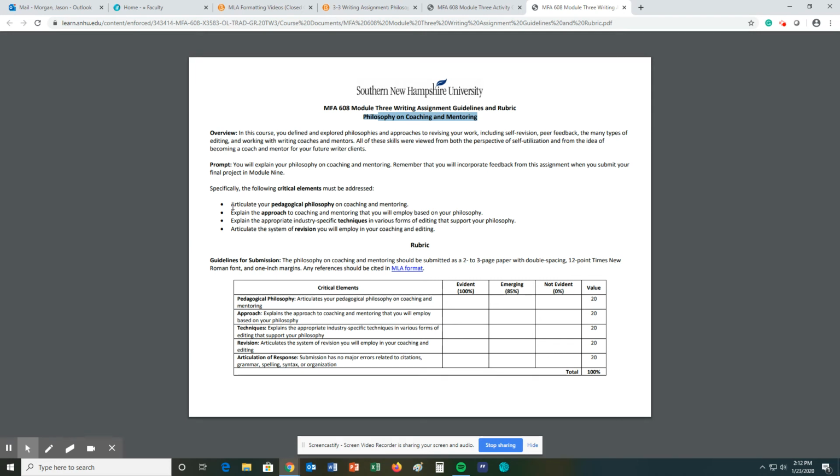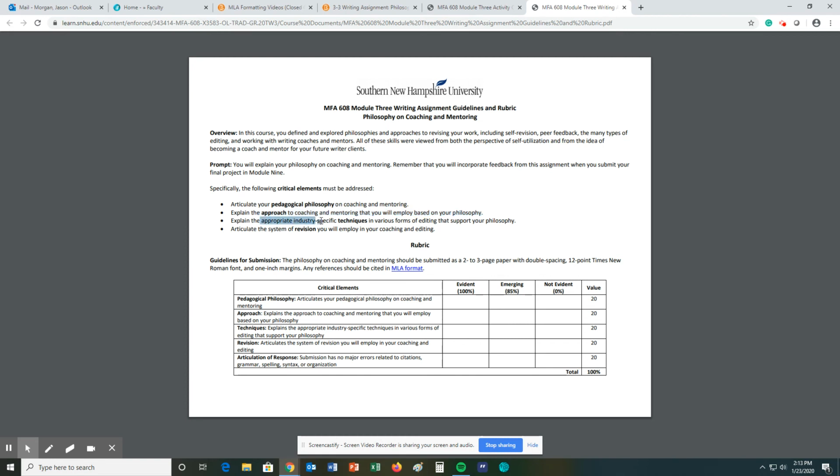If I were to write this paper, I would clearly state in the topic sentence, my pedagogical philosophy on coaching and mentoring is blank, and then follow it up with evidence and examples. Then, when you're ready to go to the next point, the approach I take to coaching and mentoring based on my philosophy is blank, and then you give examples.